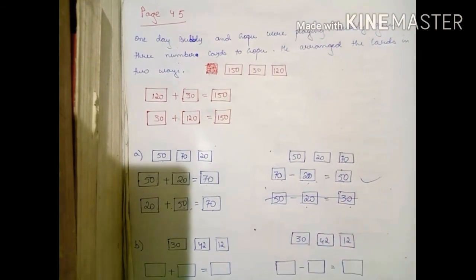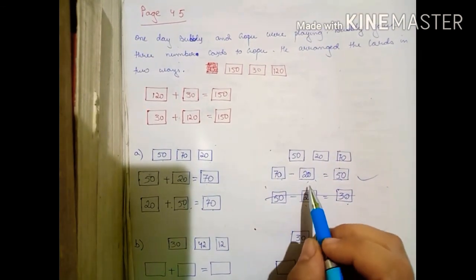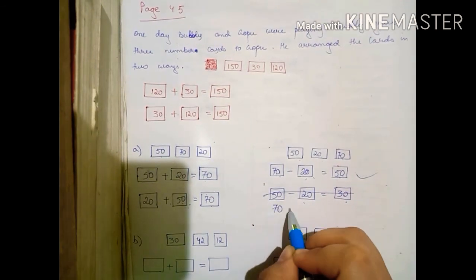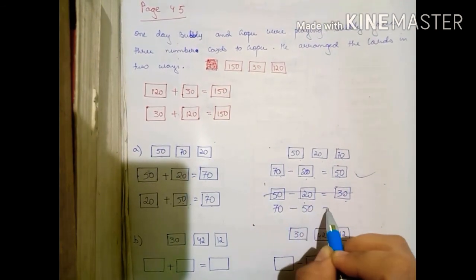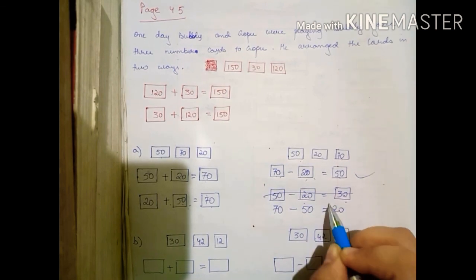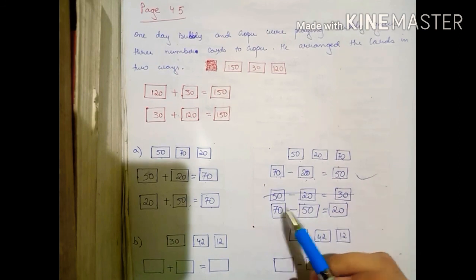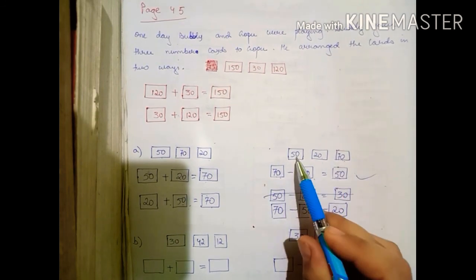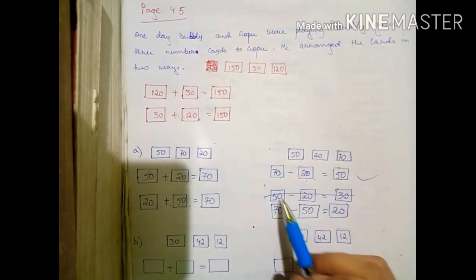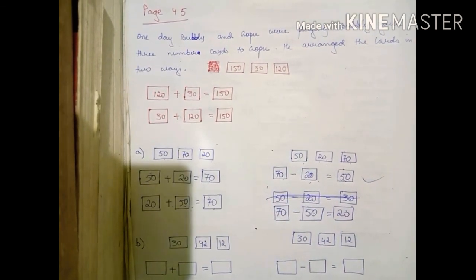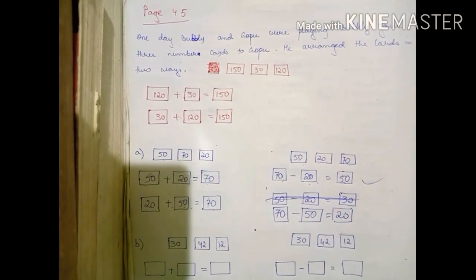So what can you do? We can do here 70 minus 50. It will give 20. 70 is here, 50 is here, 20 is here. So this is the way you have to solve.